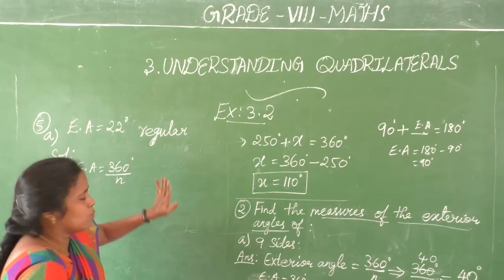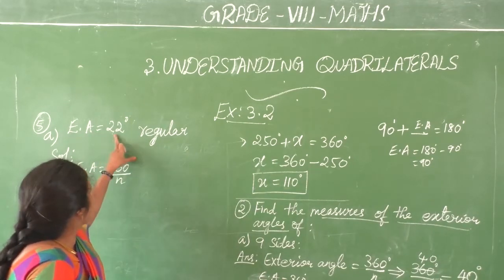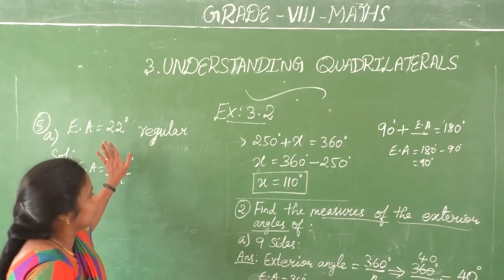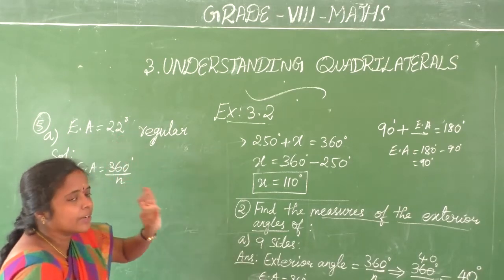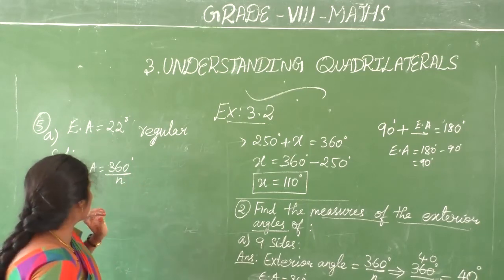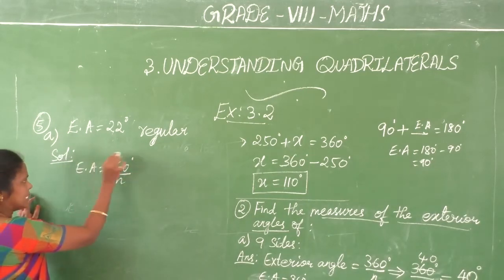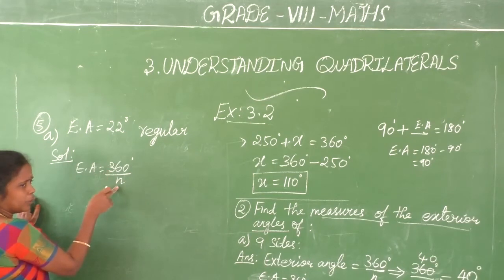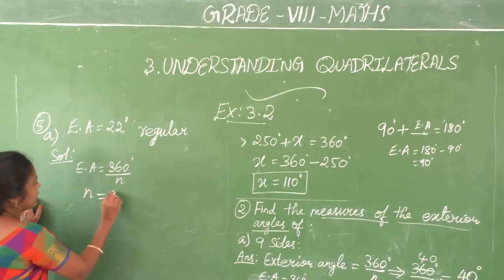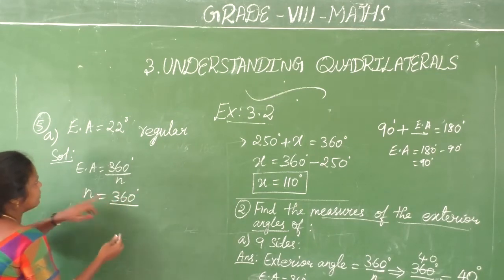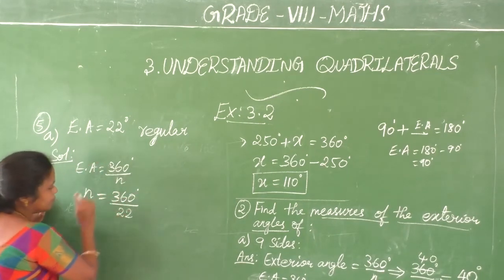Clear? See now what is given. The exterior angle of a polygon is 22 degrees. The question is whether the given figure is regular or not. For that, first of all we have to find the number of sides of the polygon, with the same formula. So n means we have to divide 360 degrees by the given angle 22.